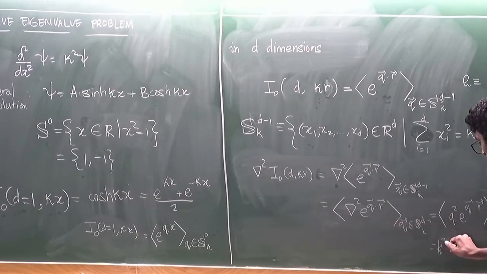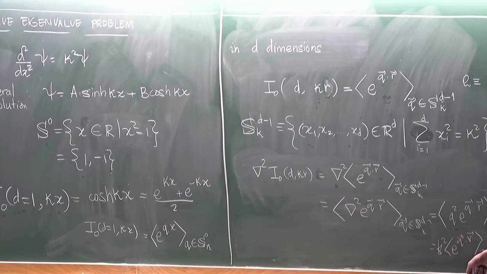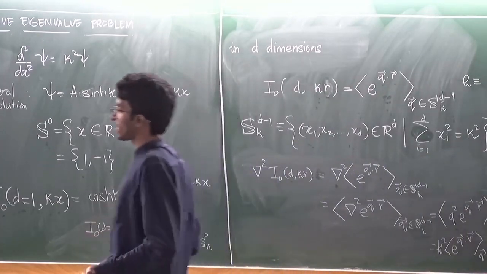So this is just kappa squared times the average of e to the q dot r, q belonging to S. Which means grad squared of I naught is equal to kappa squared times I naught. Which means it solves the positive eigenvalue problem of the Laplacian. Okay, so I'm done solving the positive eigenvalue problem, at least for the spherically symmetric solution.